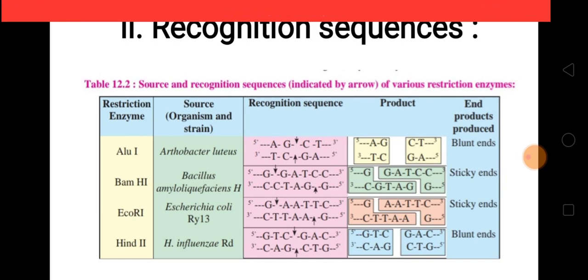It is isolated from Escherichia coli RY13, that is the strain, and the end product is a sticky end. And the last one is HindII. It is isolated from Haemophilus influenzae Rd, and the end product is a blunt end. All these enzymes recognize a palindromic sequence and cut the DNA molecule.